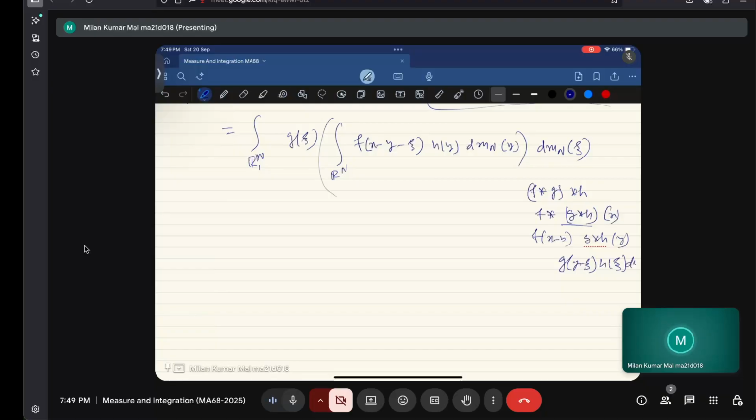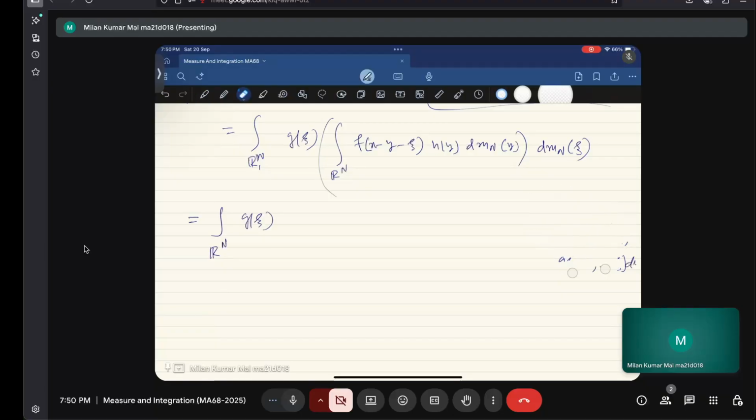Now change variable. Let's take x minus y minus j equal to u.